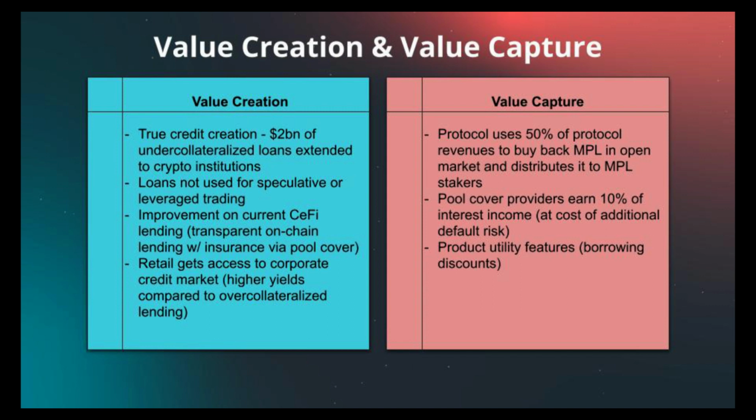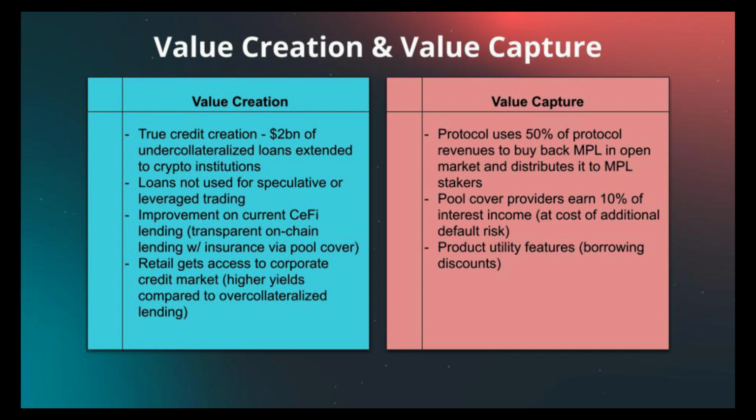It's a different risk profile than overcollateralized lending, but still safer than degenerating into a yield farm or buying altcoins. So it gives retail options depending on the risk profile.